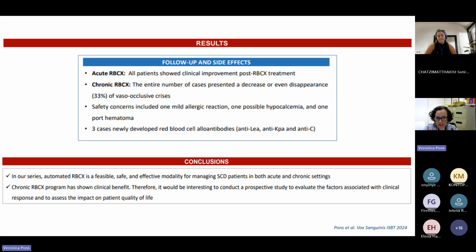And side effects include 1 mild allergic reaction, 1 possible hypocalcemia, and 1 hematoma at the puncture site of the port. So we think automatic exchange program with these venous access options is safe and effective in this setting.